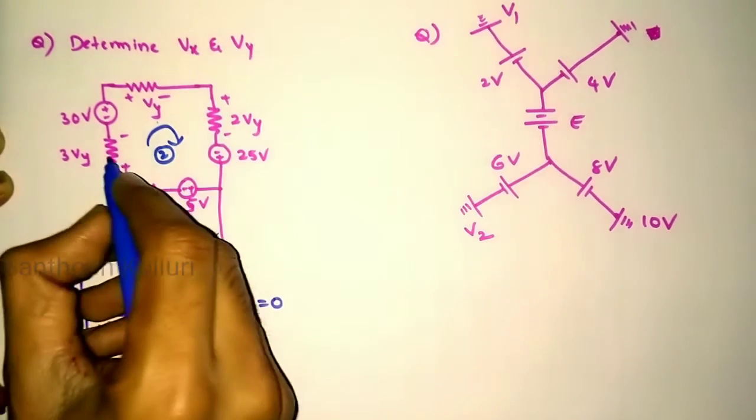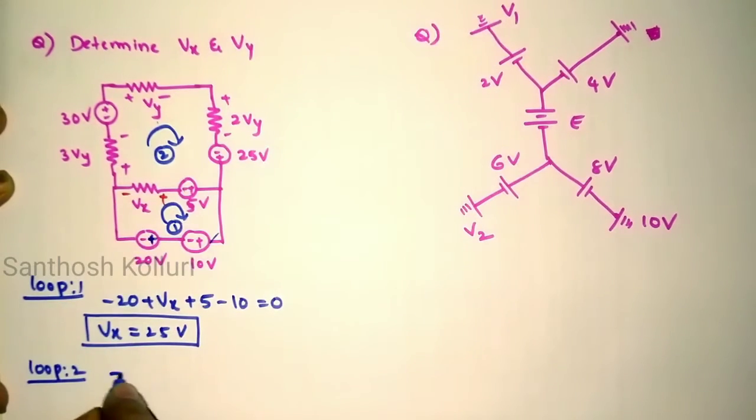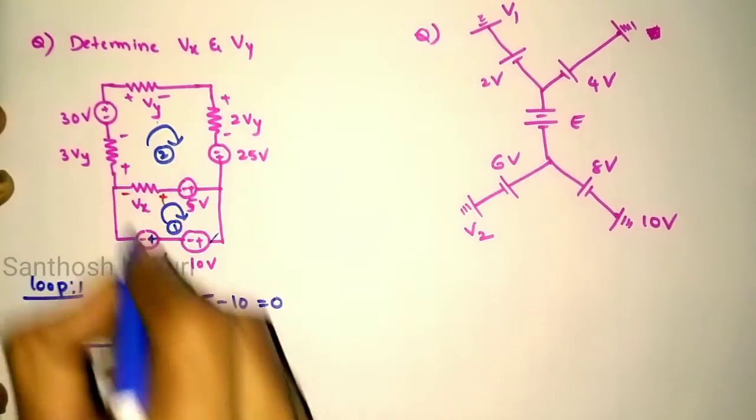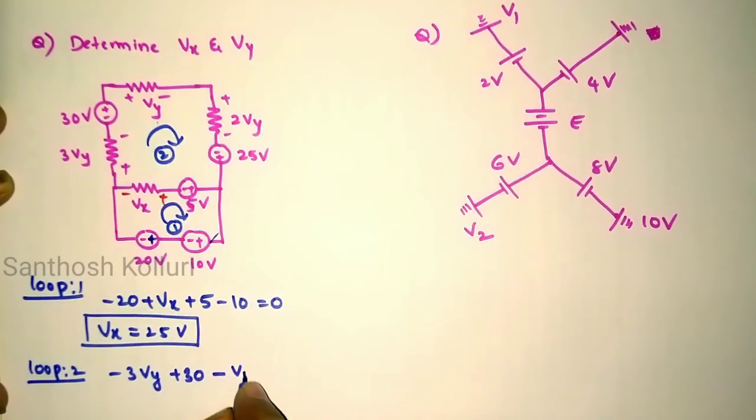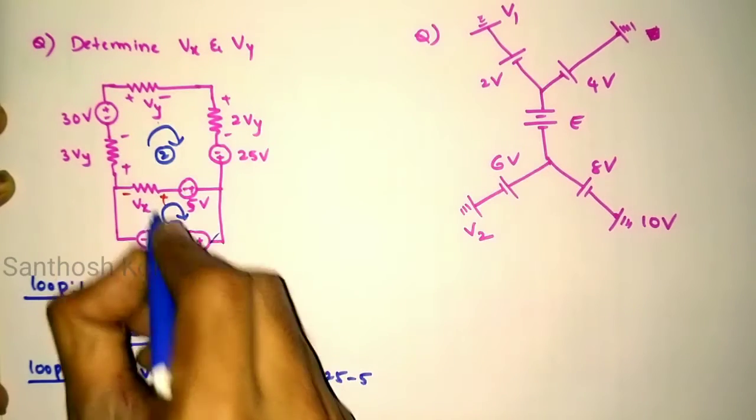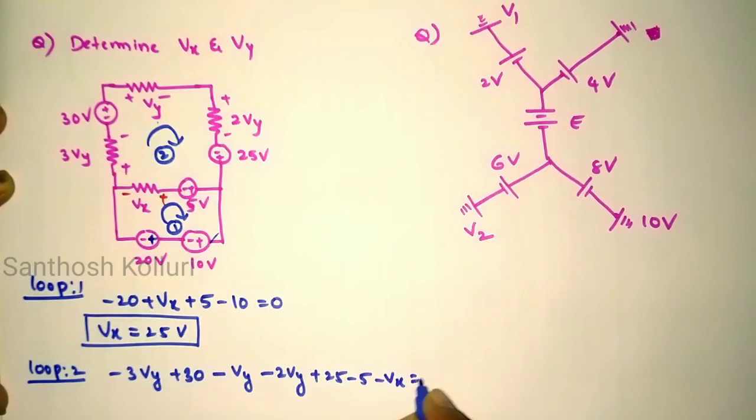Similarly, apply KVL in loop number 2. I'm starting from here, plus is there, I'm taking minus 3 Vy, minus is there, plus 30. Plus is there, I'm taking minus Vy, plus is there, minus 2 Vy, minus is there, plus 25. Plus is there, minus 5, plus is there, I'm writing minus Vx is equal to 0.